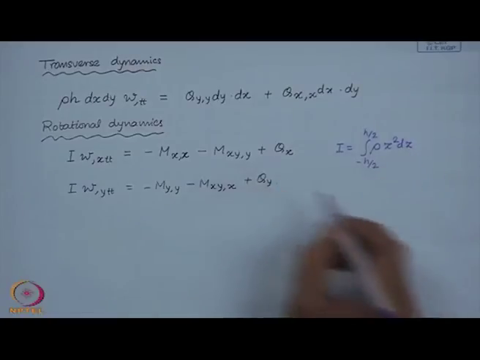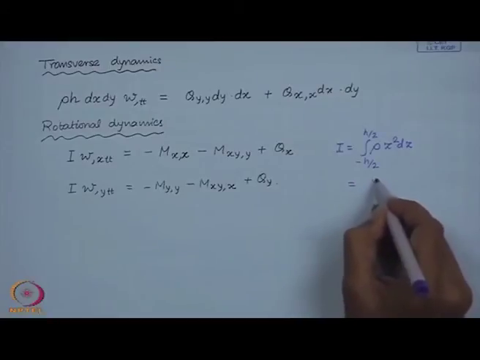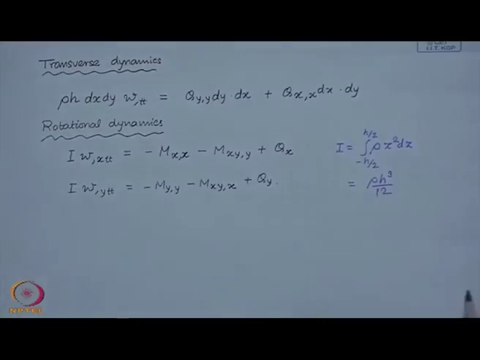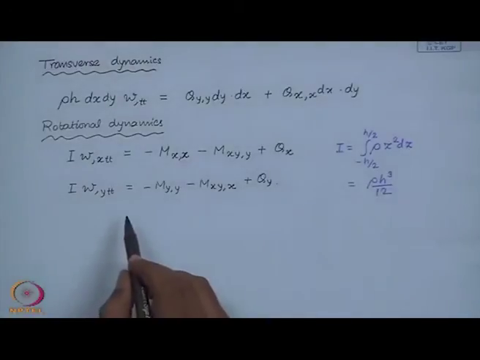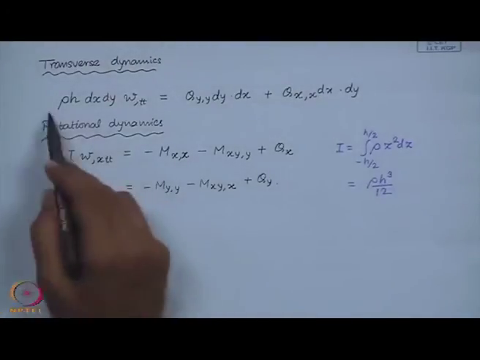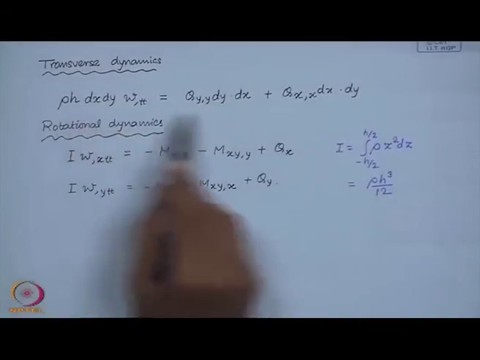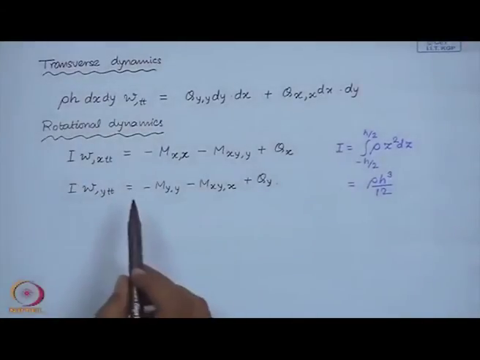For this element, we have I equal to rho h cube over 12. So, these two equations correspond to the rotational dynamics, whereas this equation, of course, I will divide this whole thing by dx dy, corresponds to the transverse dynamics.